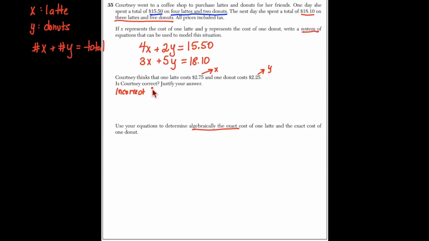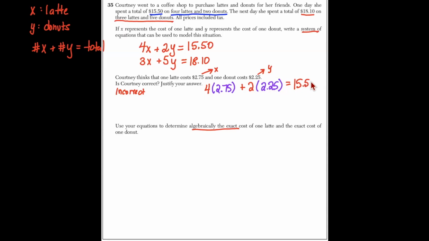Imagine that I solved the system. These are the two answers that I got, and I want to verify if they're right. So I stick these answers into the equations and see if it's true. Is this right for the first one? If I take 4 times 2.75 plus 2 times 2.25, is that going to be equal to the 1550 that I know the actual cost was?